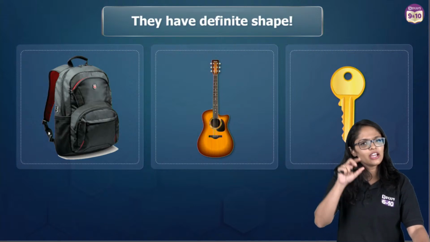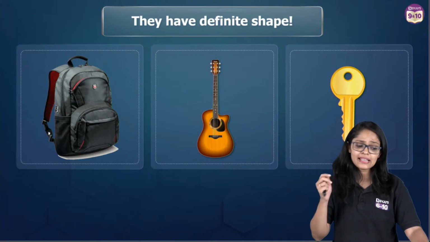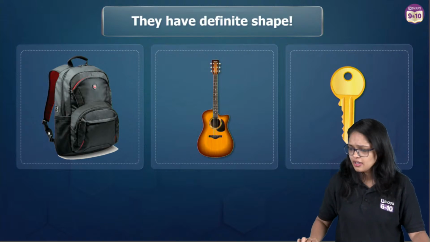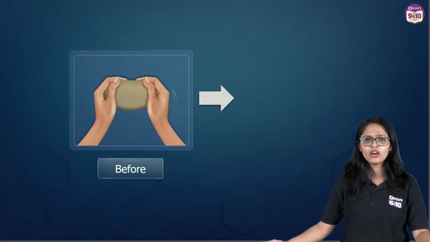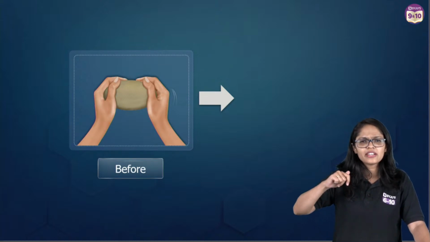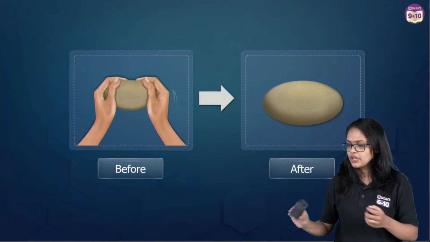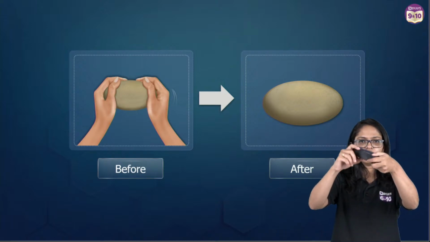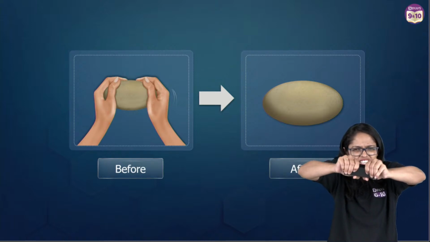Let me take one more thing that has a definite shape, for example, a rock. I'll apply some force and try to change the shape. I have a duster here, I'll just try to change the shape.